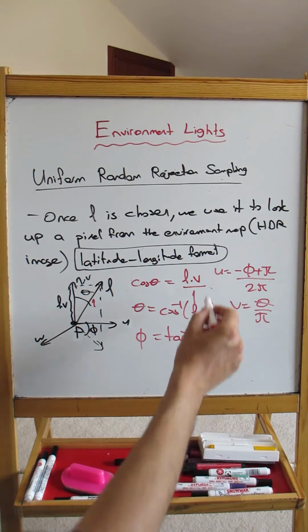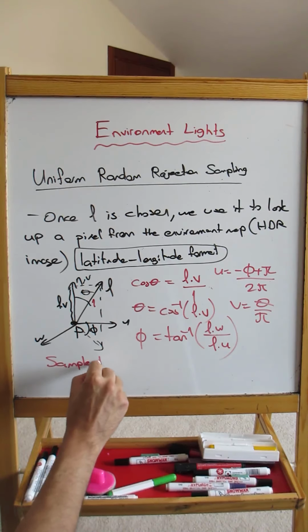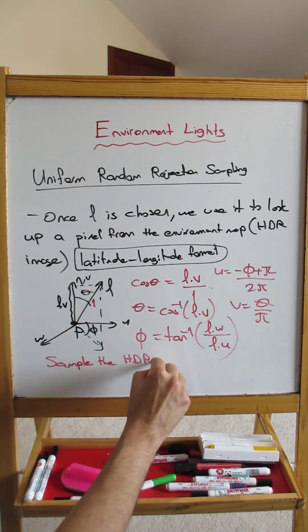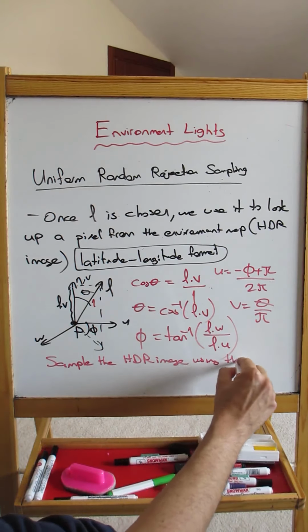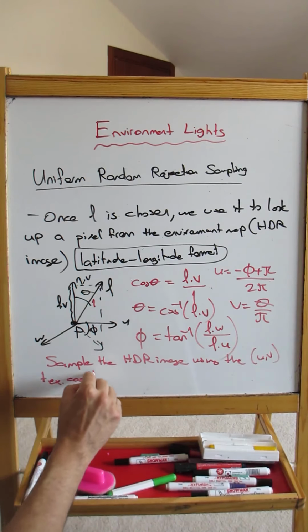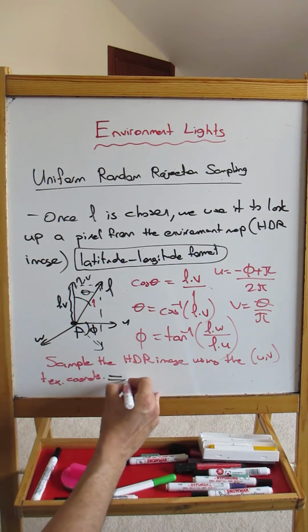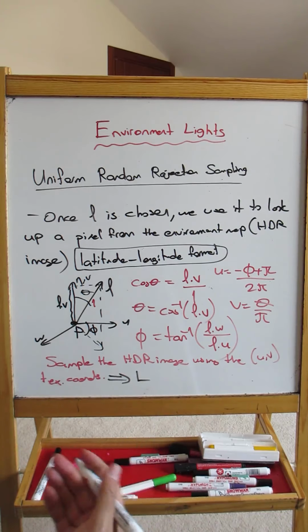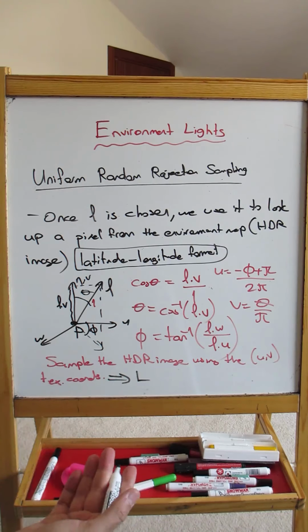Once you have the UV values, we sample the HDR image, which is the environment map, using the UV texture coordinates. That becomes the radiance value that you get from that direction. The value that we read from the HDR image is going to be the radiance value. Actually, HDR images are also known as radiance maps.